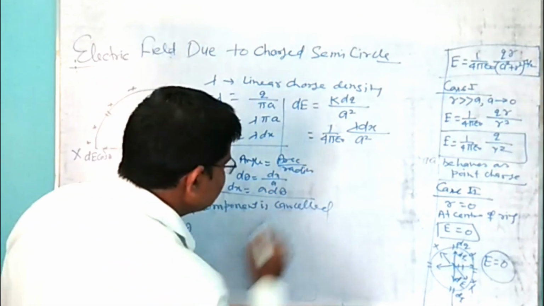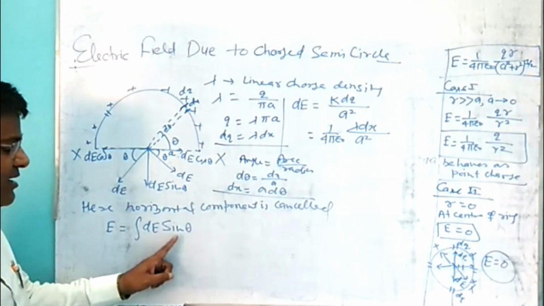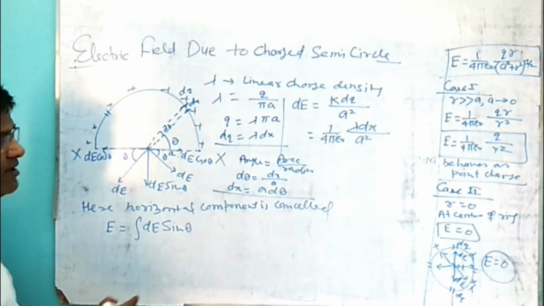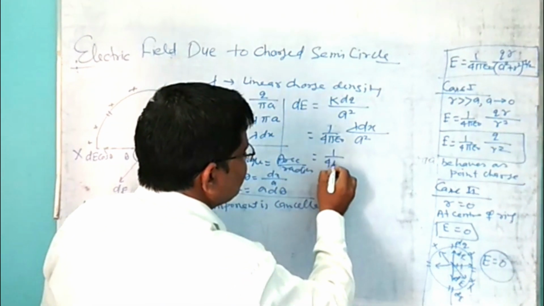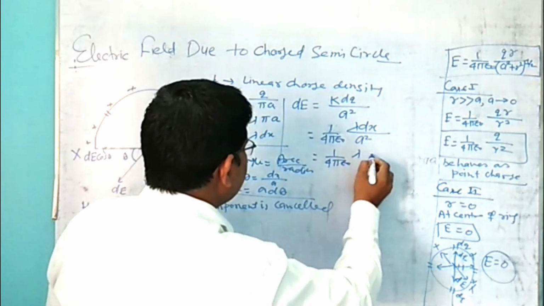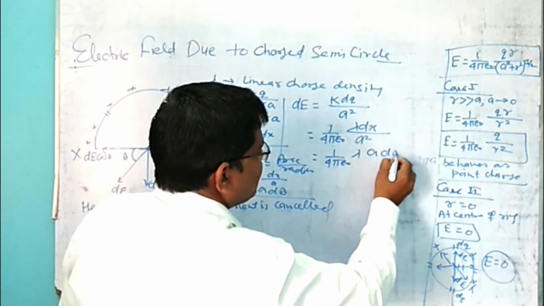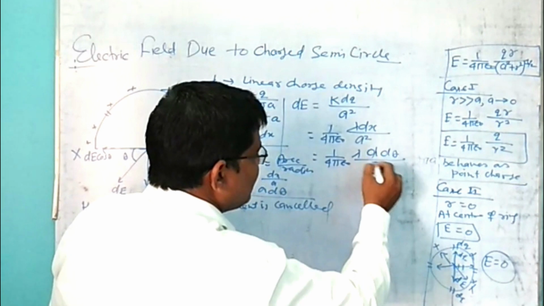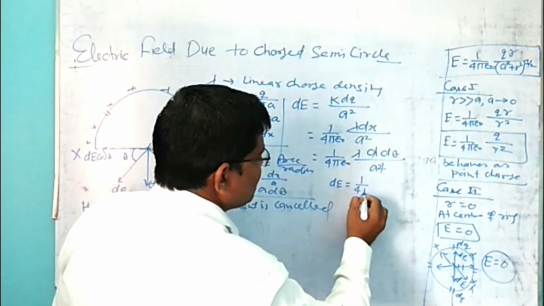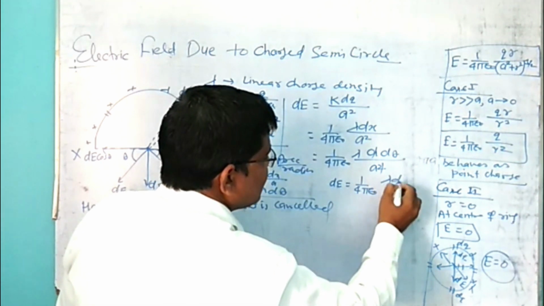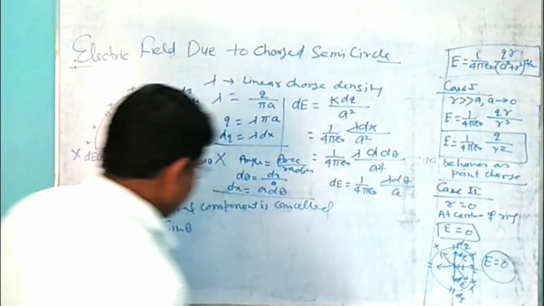Why do I consider this? Because this is sin theta, and the variable must be in theta. That's why I convert dx to d theta. Then 1 by 4 pi epsilon naught lambda and a d theta by a square, and one a is cancelled out. Then the final dE is equal to 1 by 4 pi epsilon naught lambda d theta by a.